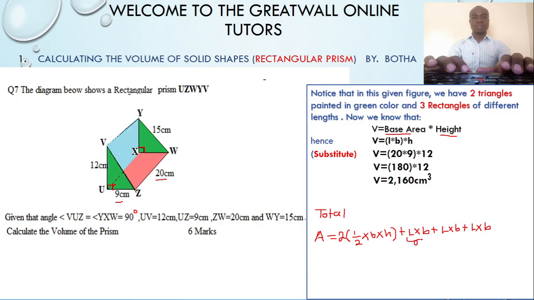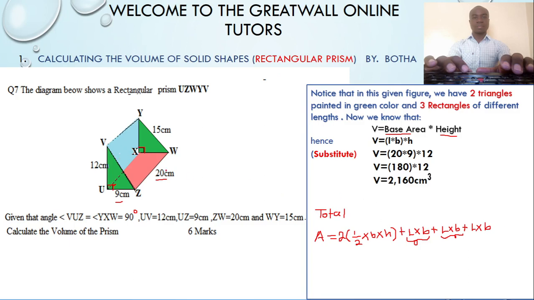So this one can be the area of this rectangle painted in pink, L times B. The next one can be the area of this rectangle painted in blue.